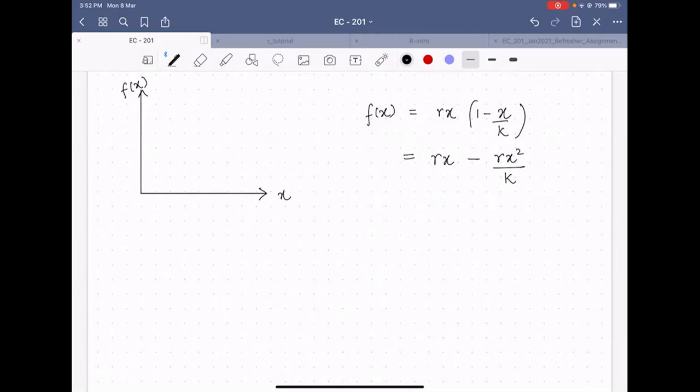I guess 0. So one is 0. Great. Okay, because if I put x equals 0 here, f(x) becomes 0. Correct? Okay. And what is the other root? I actually assigned values for r and k. The question said r and k must be greater than 0, so I took it as 1.